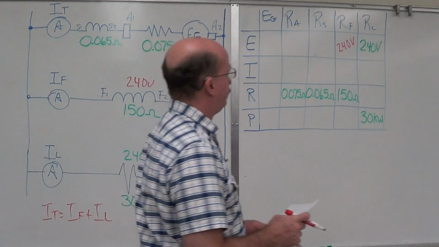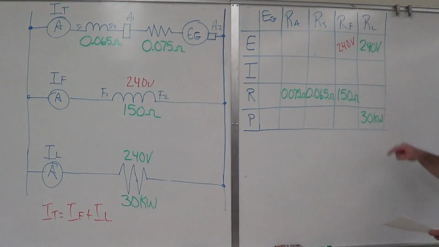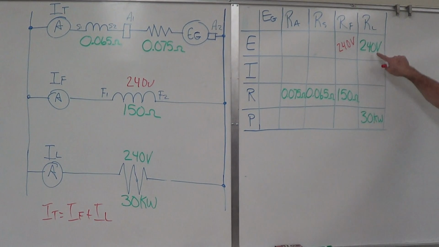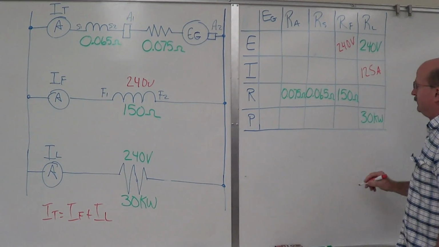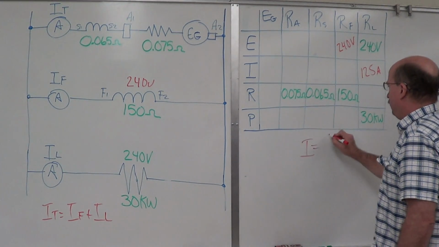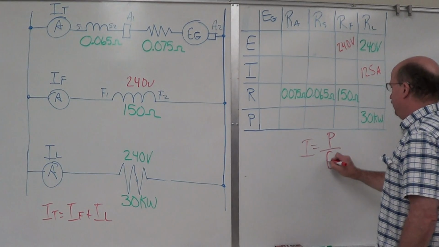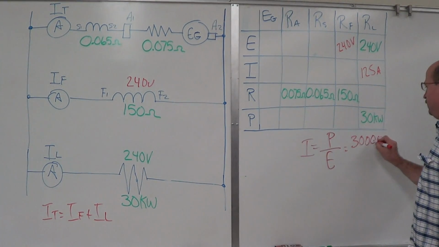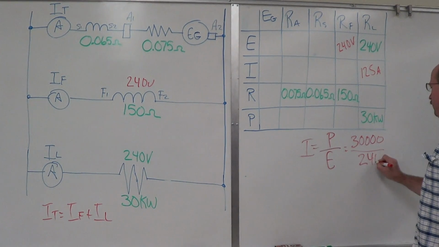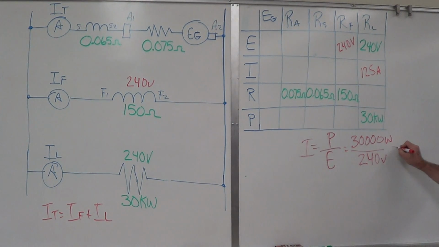Now, what do we have for current there? I is equal to P over E, right? Works out to be 30,000 over 240 volts, 125 amps.